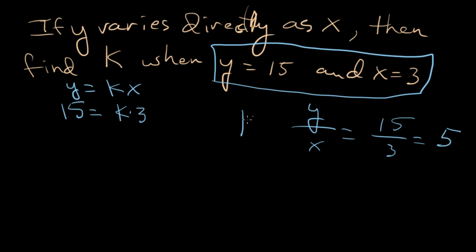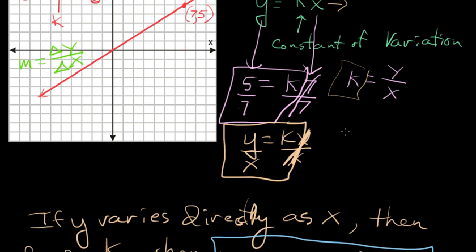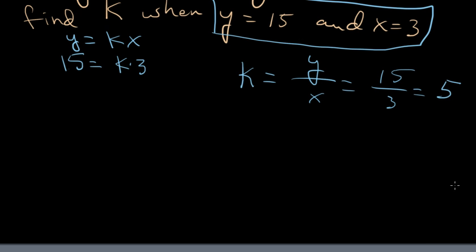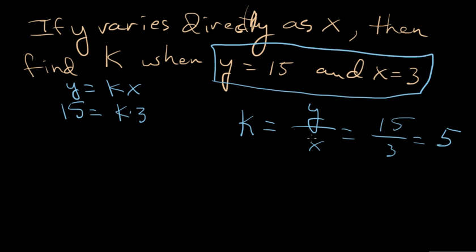Remember, I said k is equal to y over x, because I got rid of the x over x. So k equals y over x, and 15 over 3 is 5.